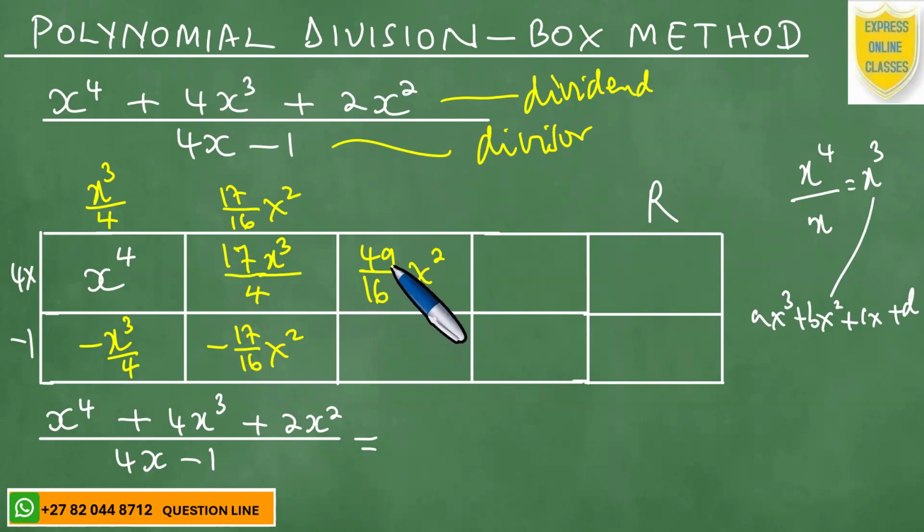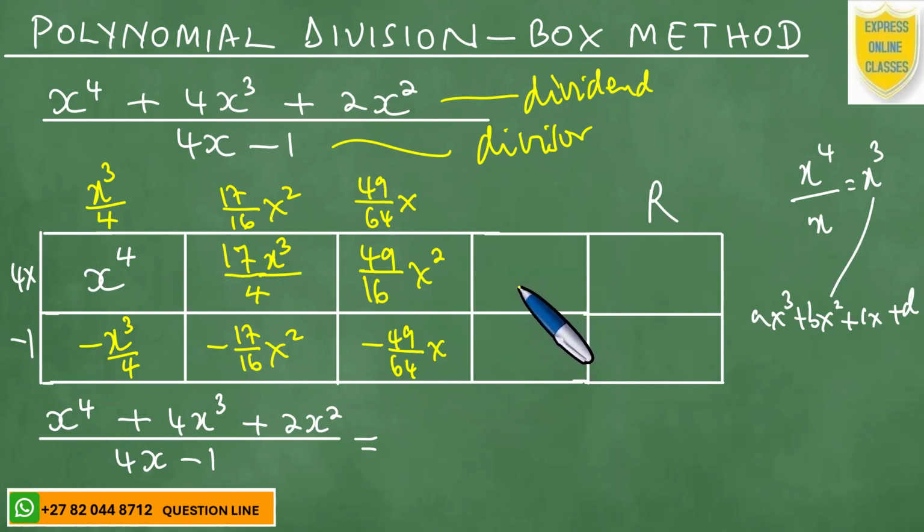So if you say 49x squared divided by 16, and we divide it by 4x, what do we get? We get exactly 49 divided by 64x. If you multiply this with that, you get that. Multiply minus 1 by that, you get minus 49 divided by 64x.